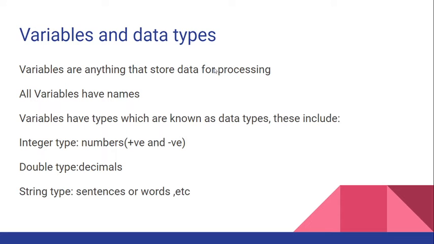So to start off, what are variables? Variables are anything that store data for processing. What does that mean? In any programming language, to run or write any program, information or data is really important. Data is information, and information is any values or anything that you might input.